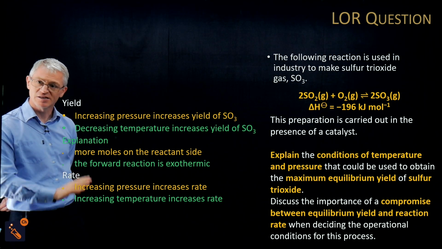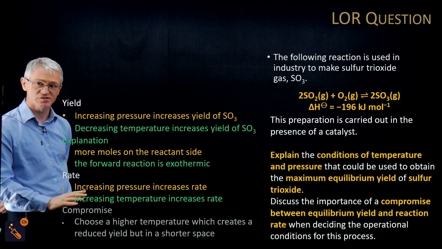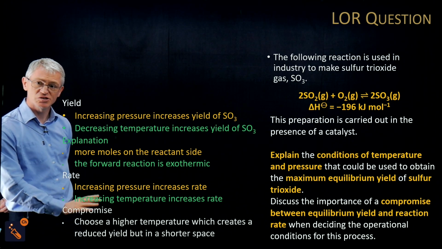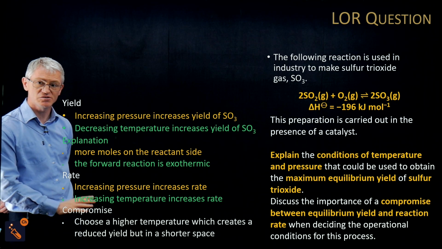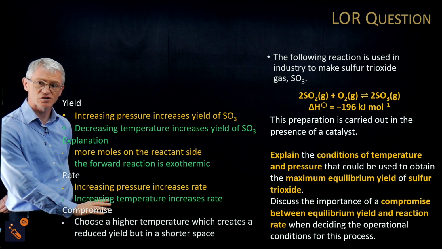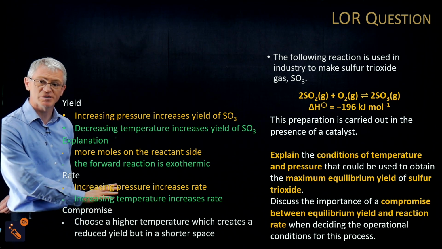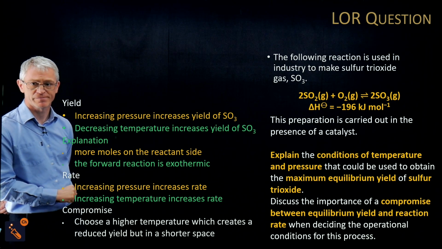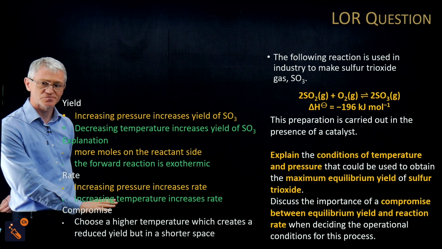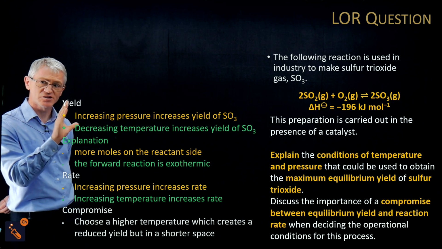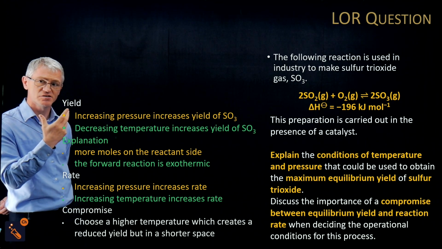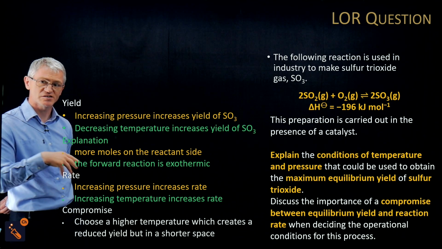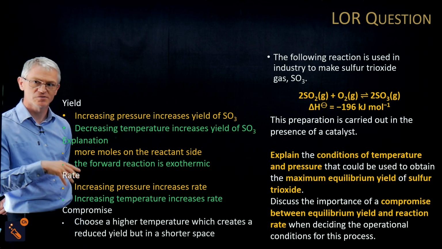Now, the last bit is the compromise situation. You would choose a higher temperature, which creates a reduced yield, but in a shorter space of time, okay, so shorter time. So that means increasing pressure increases the yield of SO3 because there are more moles on the reactant side or less moles on the product side.